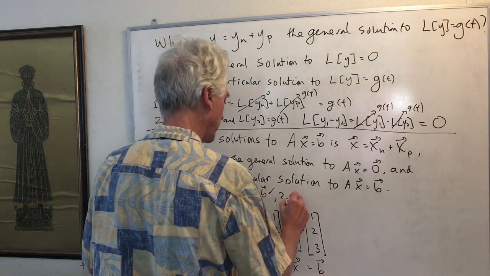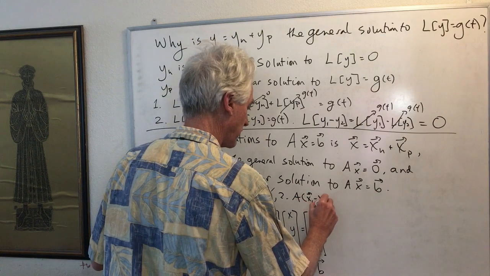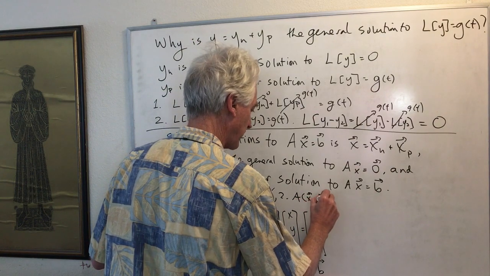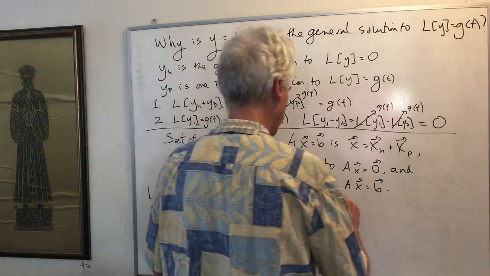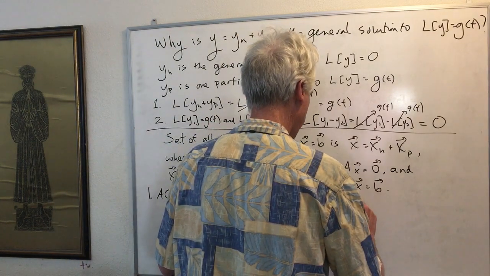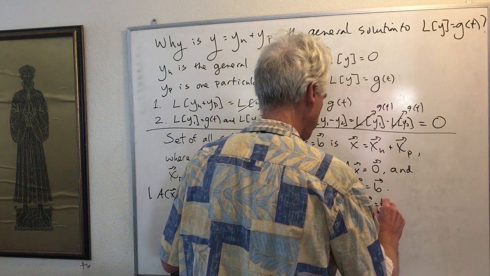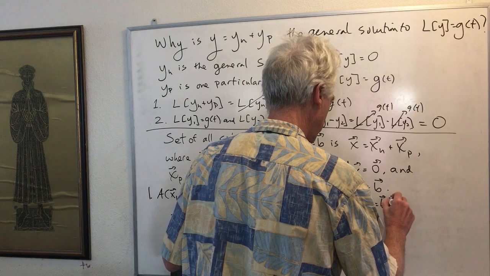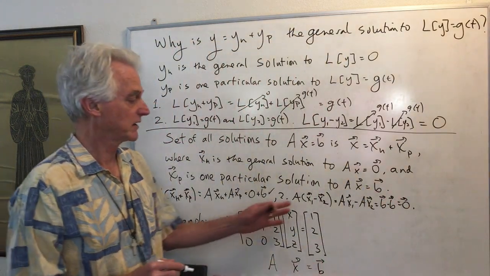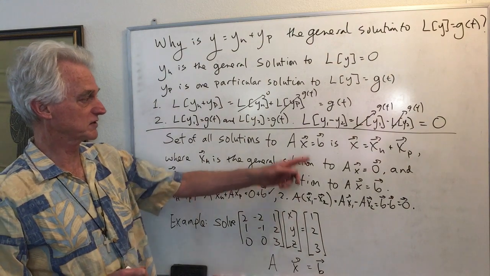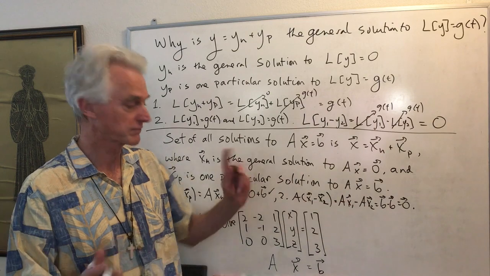And number 2 is that A times the difference of two vectors, and these are two vectors that solve the original equation, is going to be Ax1 minus Ax2, so that's b minus b equals 0. Okay, so again, the difference between any two solutions to Ax equals b is a solution to Ax equals 0. All right.